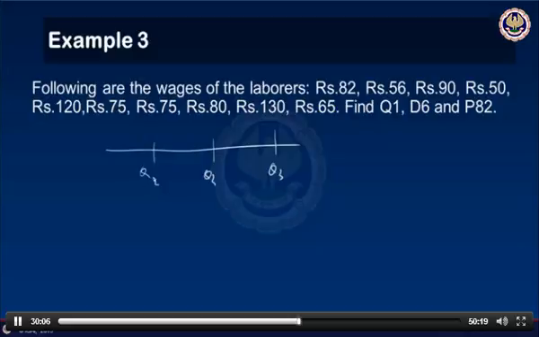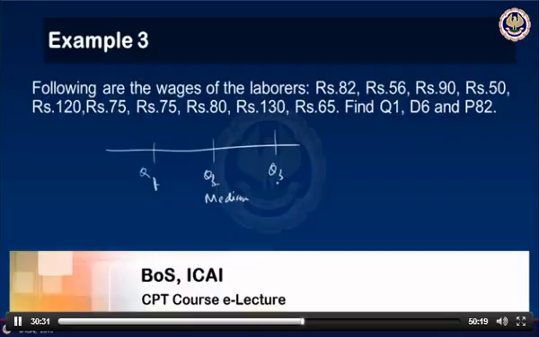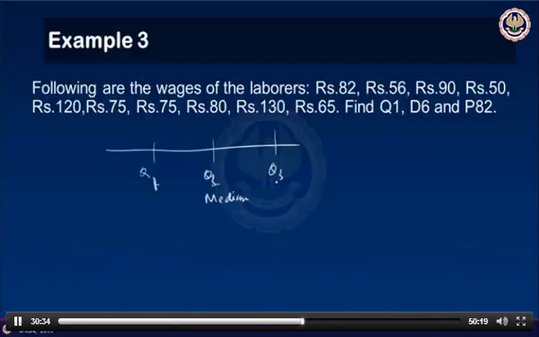The first quartile is denoted by Q1, which is called the lower quartile. The second quartile divides the data exactly into two parts, and is also called the median. The third quartile is called Q3, the upper quartile. Q1 is the lower quartile and Q3 is the upper quartile.